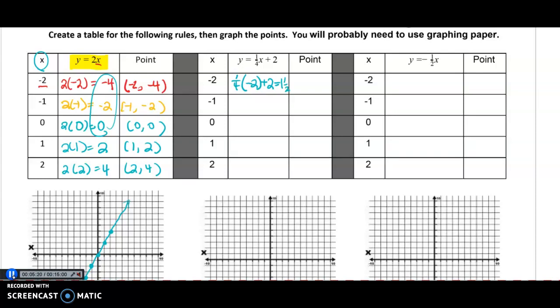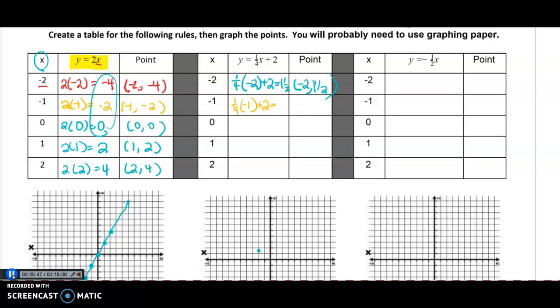I would write this one as a mixed number or as a decimal, just because then it's easy to see where I want to plot my point. I know that -2 goes to the left 2, and then I need to go up 1, and then just about halfway in between.